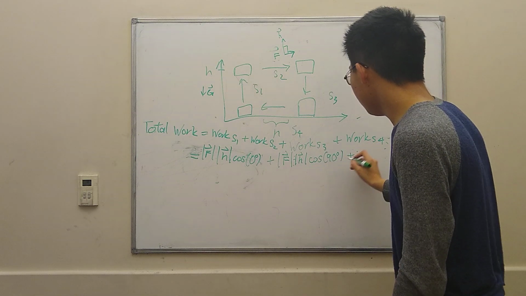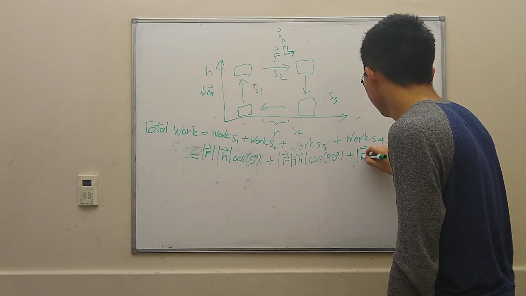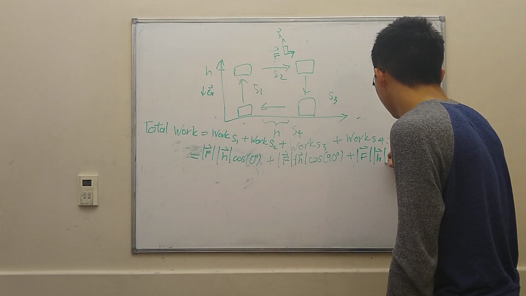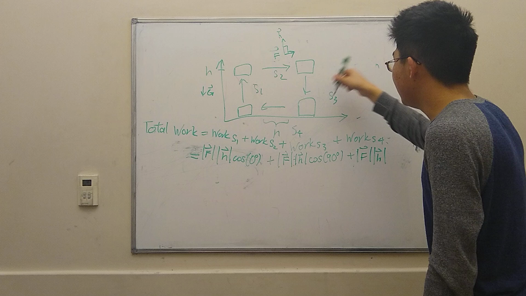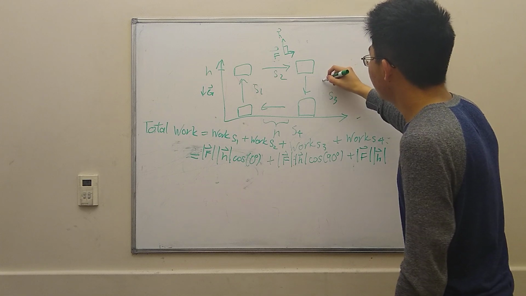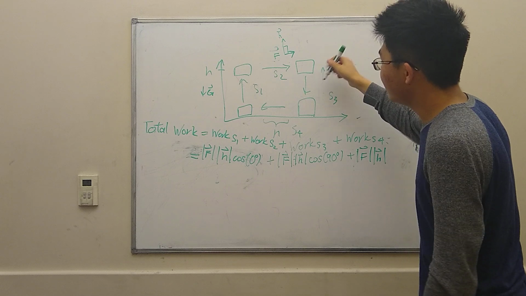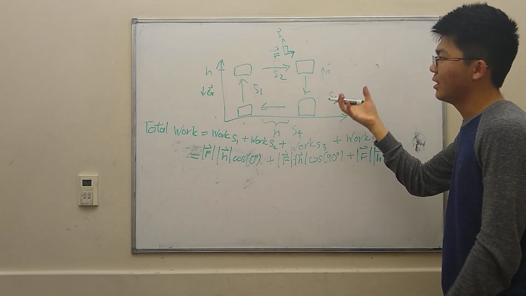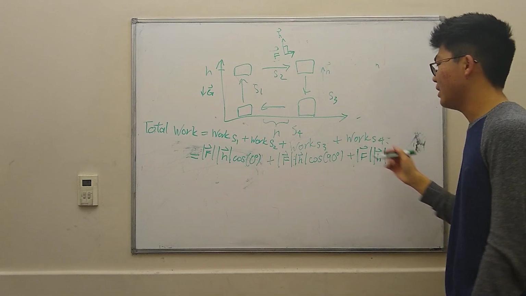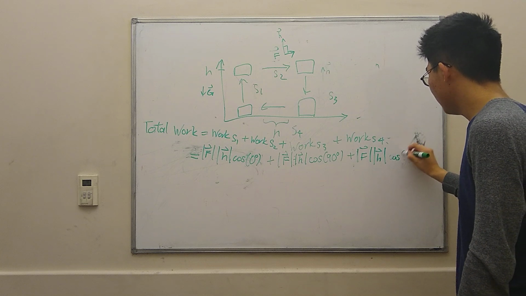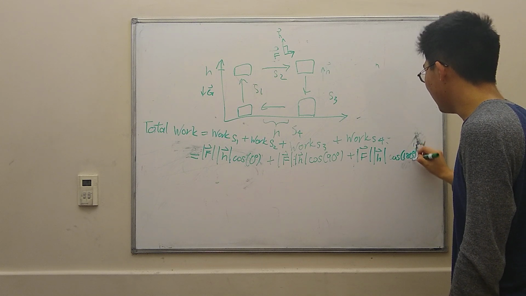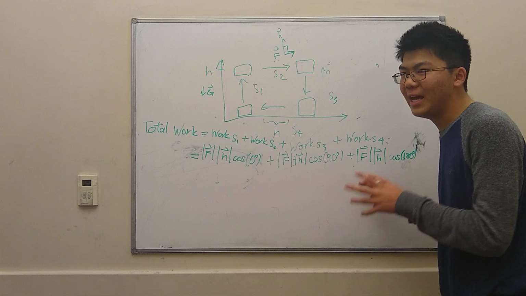Here, it's going downward this time. The h vector is still pointing up, but the force vector is pointing downward, so gravity is pulling it down. So I'm going to say that the angle between them is 180 degrees.